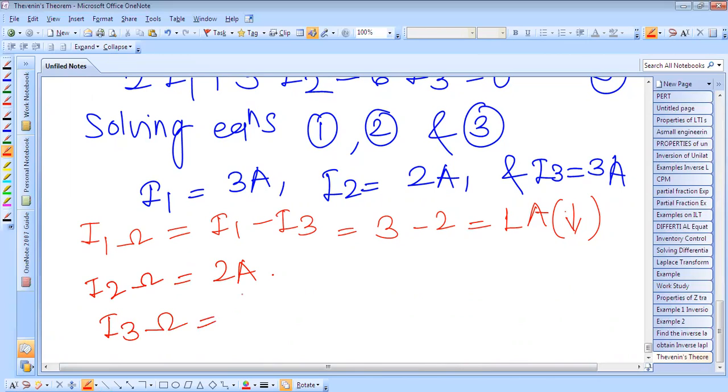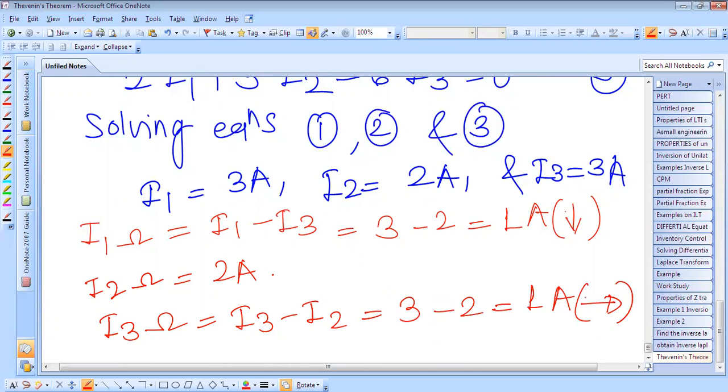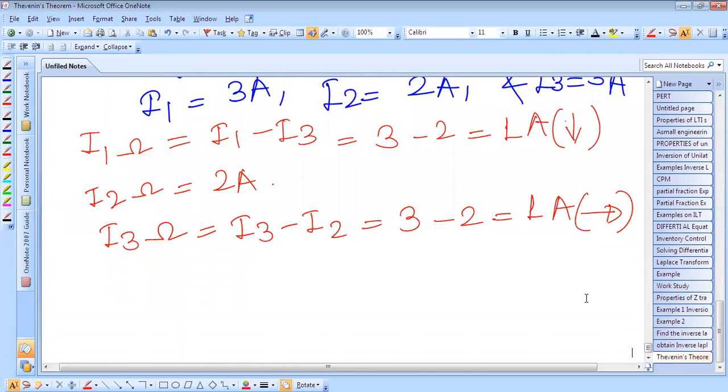It is I3 minus I2. So I3 we have got here 3 ampere and I2 we have got here 2. Therefore it is 1 ampere, and the direction of the current is from left to right, as shown in the figure.